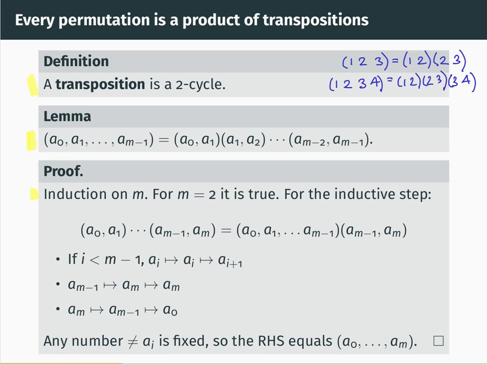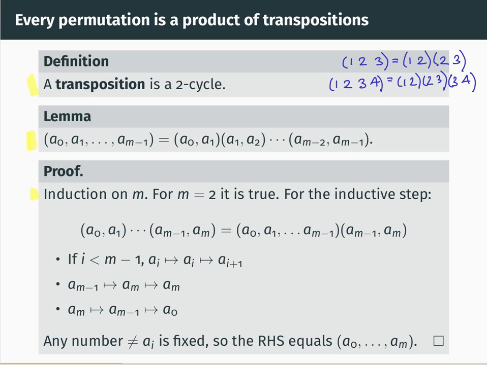Now let's do the inductive step. So we're going to assume that the result is true for m and prove it for m plus 1. So the product that we have to work with is this equality when you replace the m by m plus 1. So on the right, rather, you would have the product (a0, a1)(a1, a2), all the way up to (am-1, am).